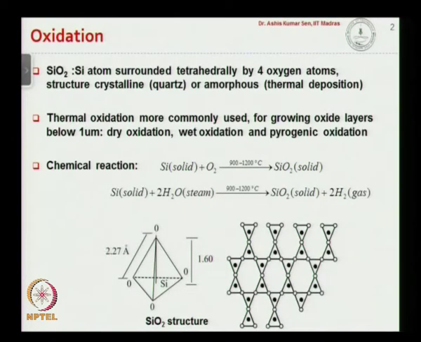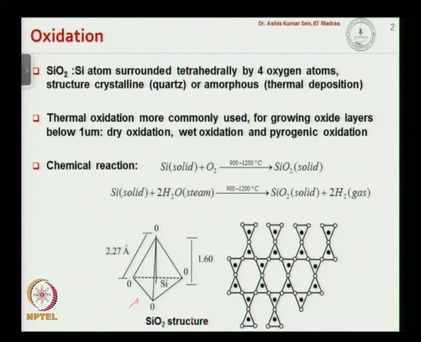So silicon dioxide, if you look at the atomic structure, it has 4 oxygen atoms surrounding the silicon atom, as you can see here, and the silicon dioxide has 2 different types of forms.